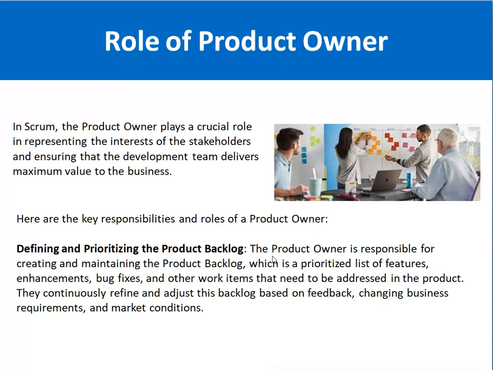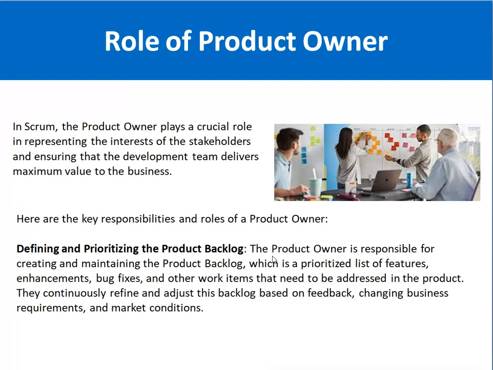Friend, the product owner has a very important role in a Scrum framework. Basically, he is a person who is representing the interest of the stakeholders. Stakeholder means like customer, other stakeholders like business representatives.